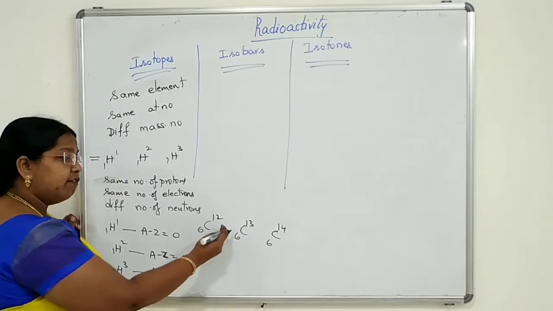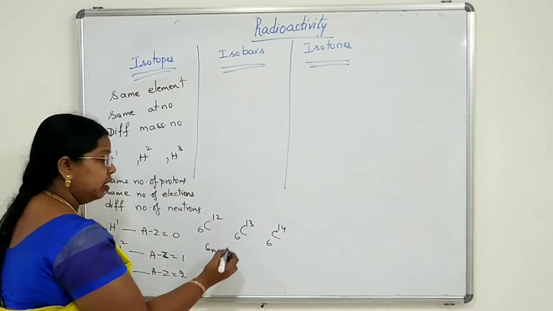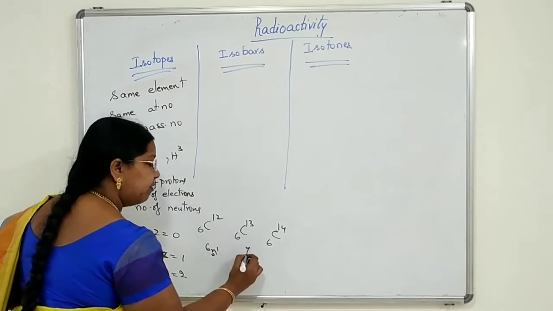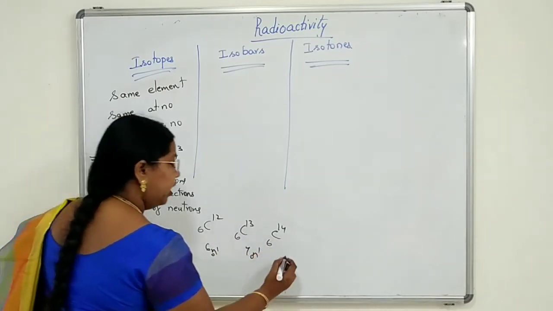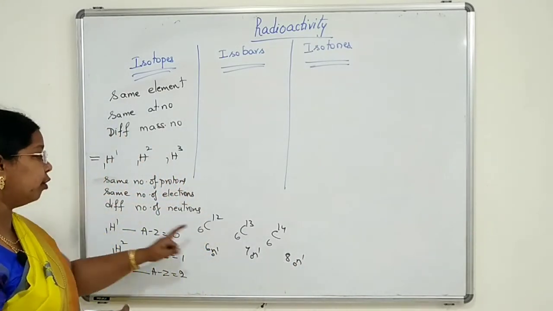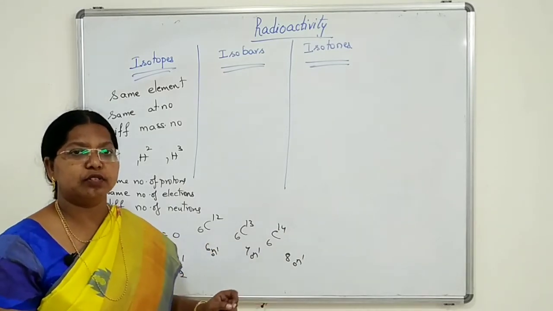Different neutrons. 12 minus 6, 6 neutrons. Here 7 neutrons. Neutron is denoted by this symbol. Here 8 neutrons. So they have the same number of protons, same number of electrons, but different number of neutrons.